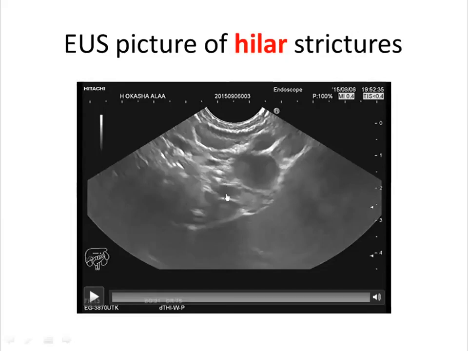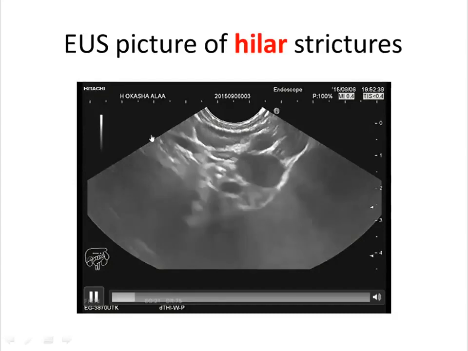Here, another trick is to try to sample a nearby lymph node. This is a nearby lymph node in the porta hepatis. Actually, it looks like a benign lymph node because it is an elongated, flat lymph node, and not so echopoor, with preservation of the hyperechoic hilum. But if I sample this lymph node, and it proves benign, then it is mostly a benign lesion.